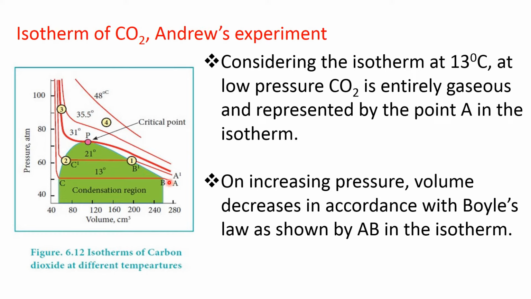If the pressure increases at constant temperature, then according to Boyle's law, volume decreases. Pressure is inversely proportional to volume at constant temperature. So on increasing the pressure, the volume is decreasing up to the point B according to Boyle's law. And it is shown by this isotherm portion, that is AB.